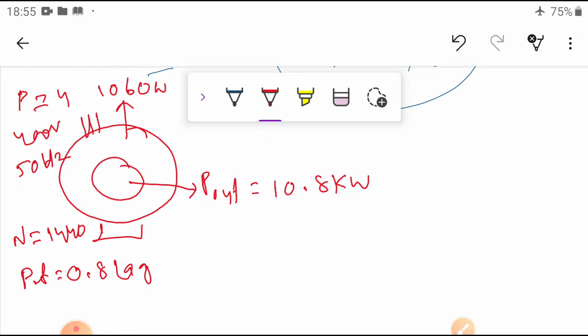Friction and windage losses in the rotor are also given: 390 watts. Now, what is being asked? Calculate first, the slip.